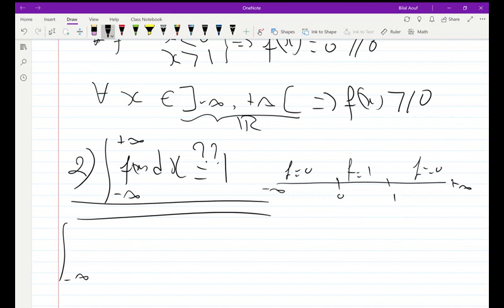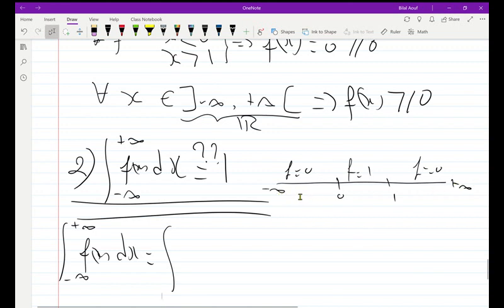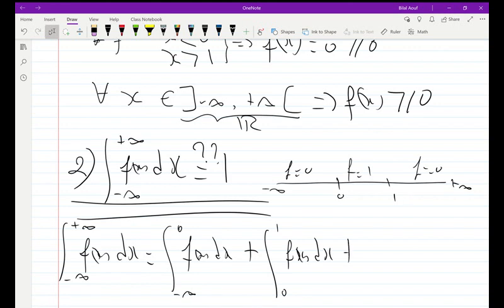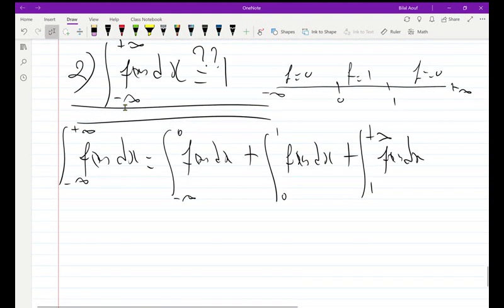The integral between minus infinity and plus infinity of f of x dx can be written as follows: I divide it into a first, second and third interval. So the integral from minus infinity to 0 of f of x dx, plus the integral from 0 to 1 of f of x dx, plus the integral from 1 to plus infinity of f of x dx.